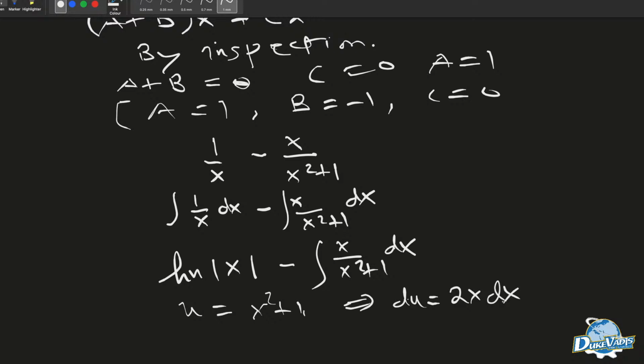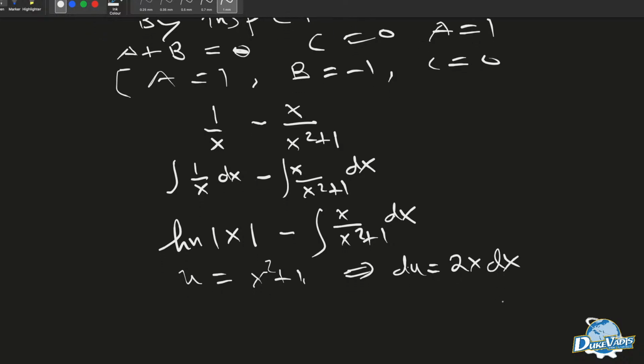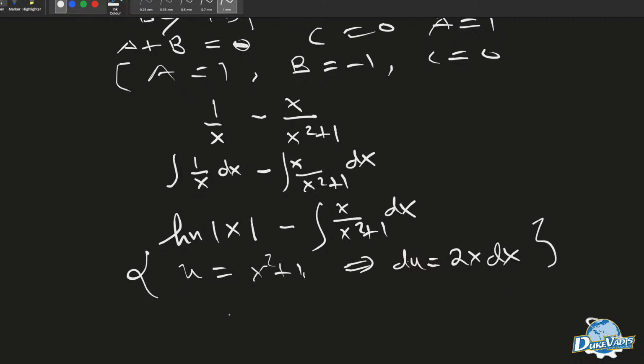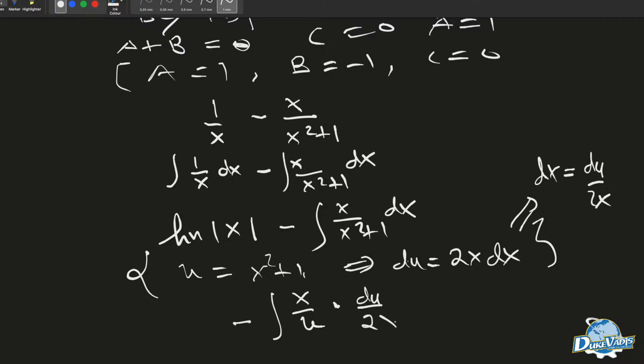Now let's put these back into the integration. So this will be minus x over u, and dx is equal to du over 2x.